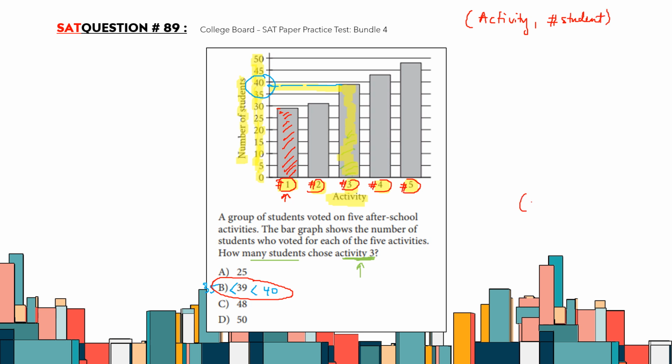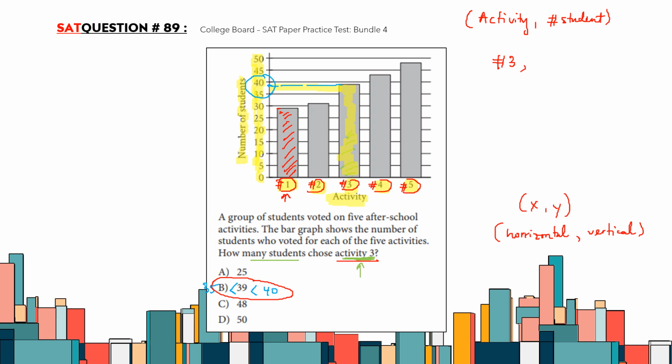Remember when we're reading x comma y, it's the horizontal axis value, then the vertical. Mostly it's like a pair. So here they're asking for activity number 3, comma, how much.